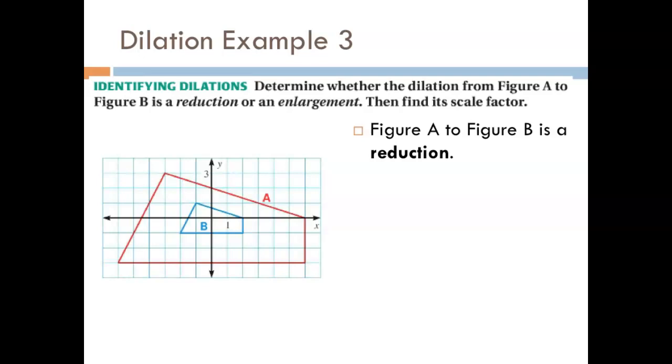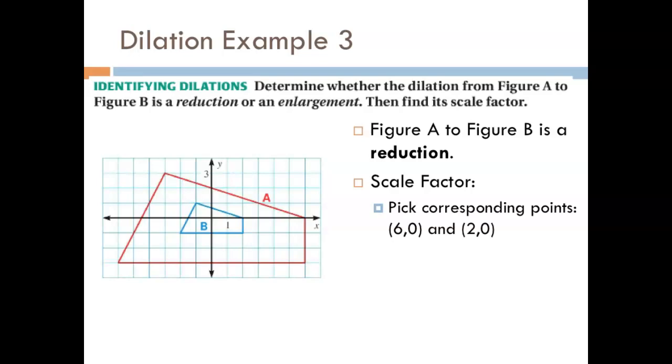How do we find the scale factor? Well, we can do this by picking a point and its corresponding point and comparing the two. So for example, we have a point at (6, 0) for the red figure and at (2, 0) for the blue figure. And then ask yourself, how do I get from (6, 0) to (2, 0)?